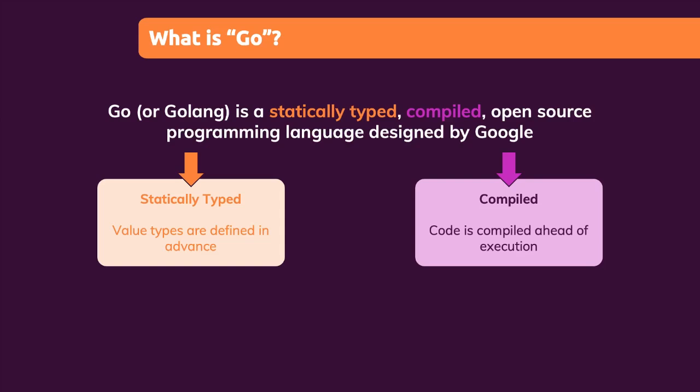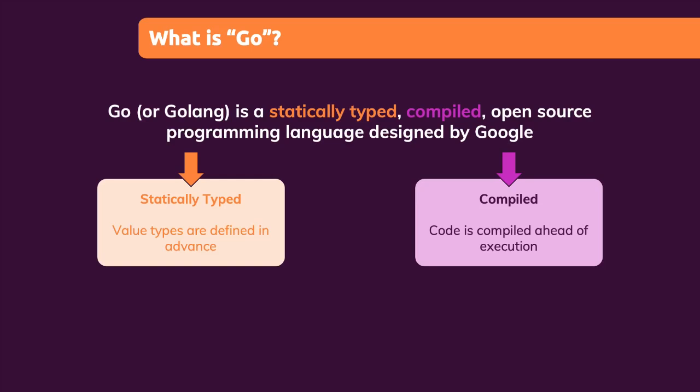So when your code executes. So it's compiled on demand, you could say. And compiling it ahead of time, which is what we do with Go, can increase the overall program performance because it's not happening whilst your code is executing.